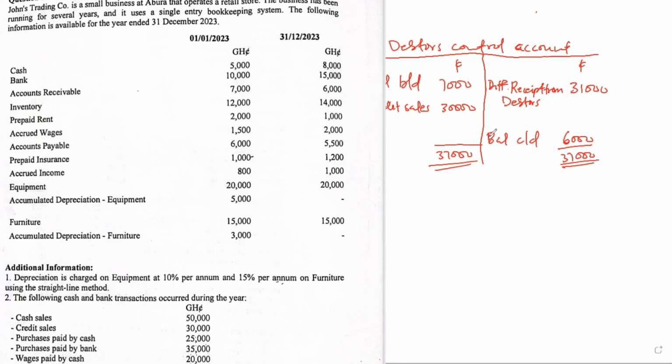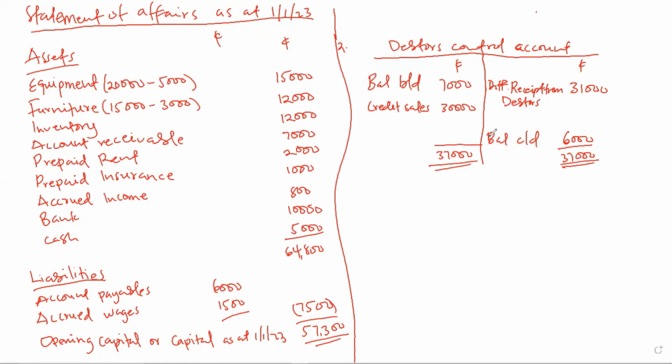But in this particular question, cash from debtors was not given, rather credit sales was given. So if the difference has come to the credit side of the debtors control account, it is receipt from debtors or cash from debtors. This amount is from the cash book; you record it in the cash book or bank account. Please, do you get it?